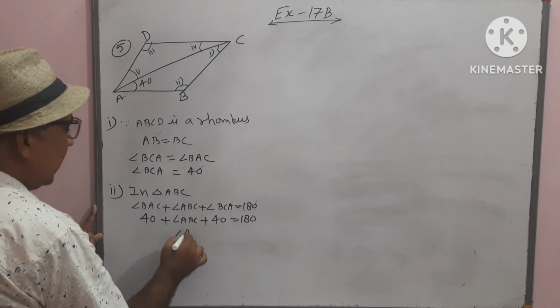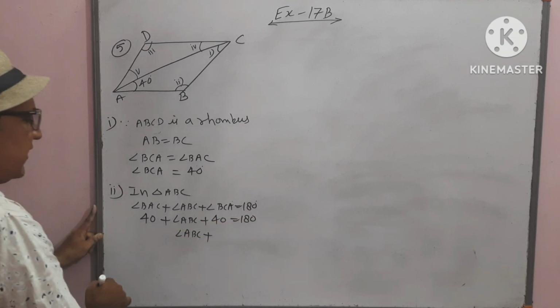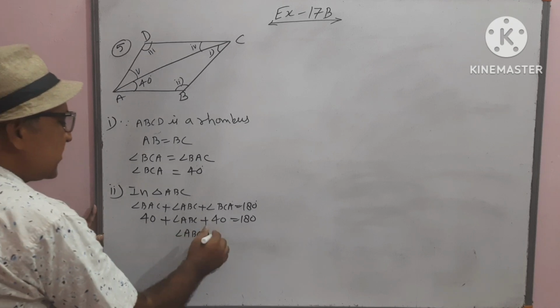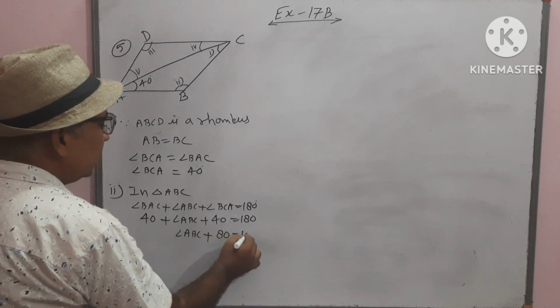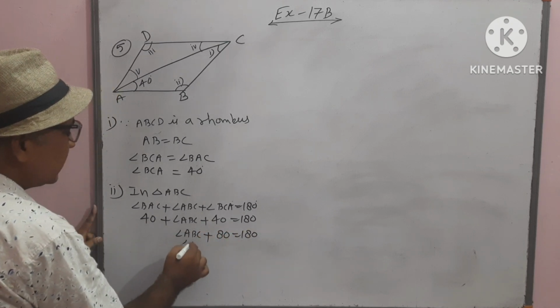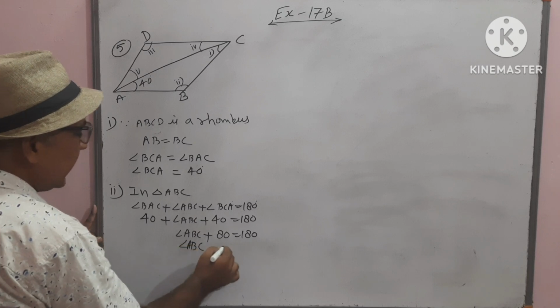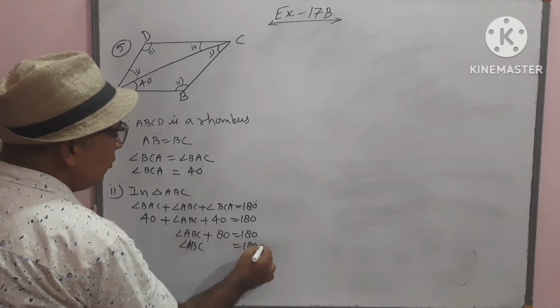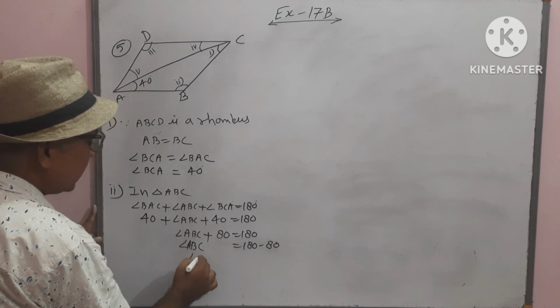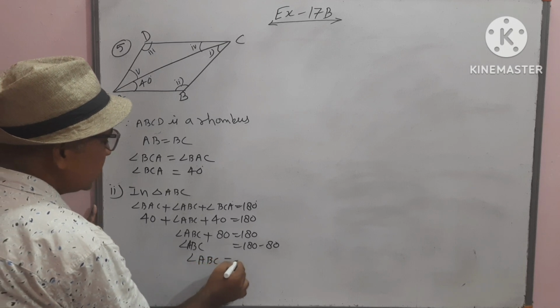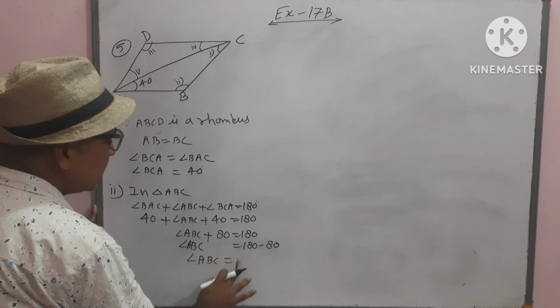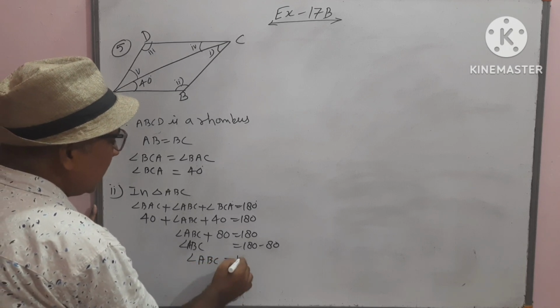That means angle ABC plus 40 is 80. Now easily you can see that angle ABC will be equal to 180 minus 80. That means angle ABC is equal to 100 degrees.